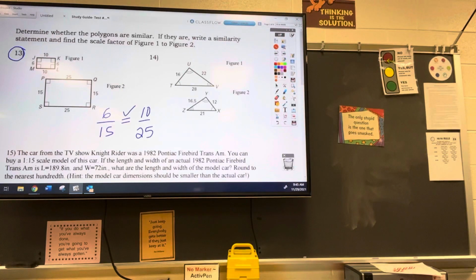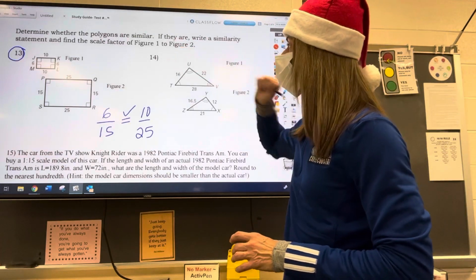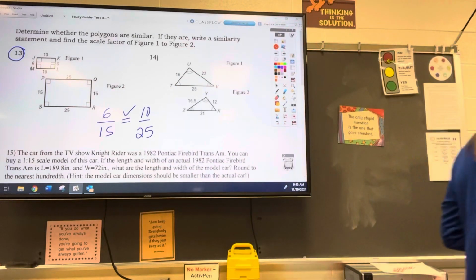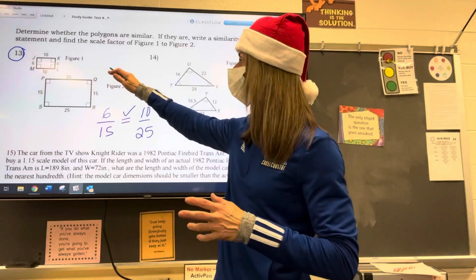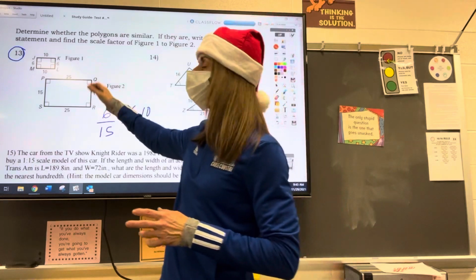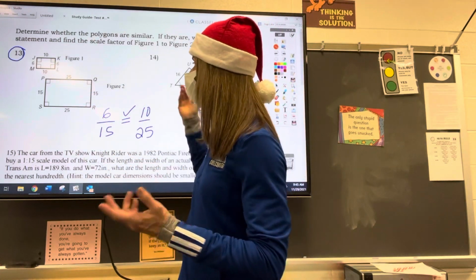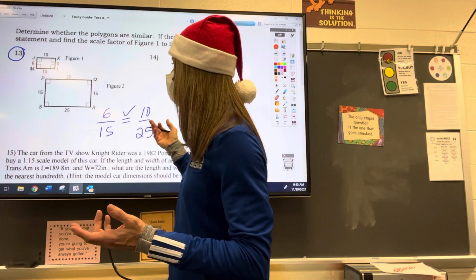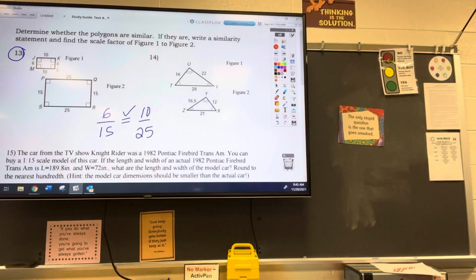Then it says, if they are similar, write a similarity statement. So however we name the first figure, we have to name the second figure in the exact same way. I'm just going to call the first one MLKJ.